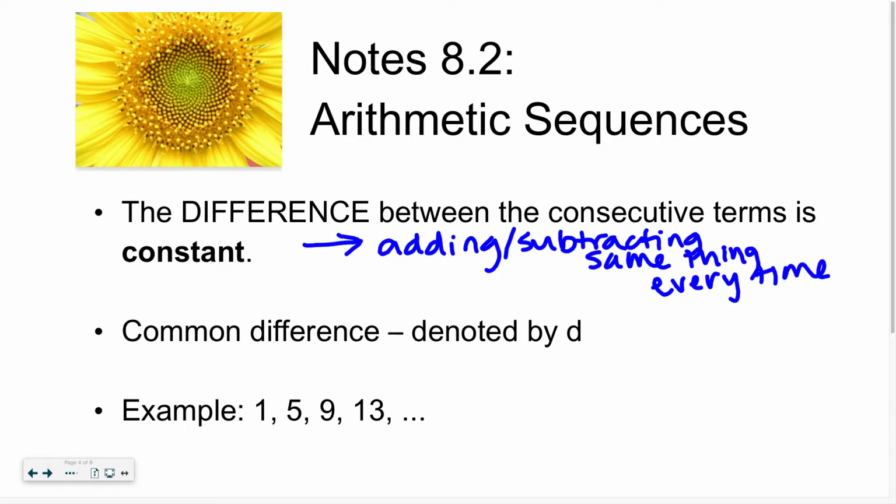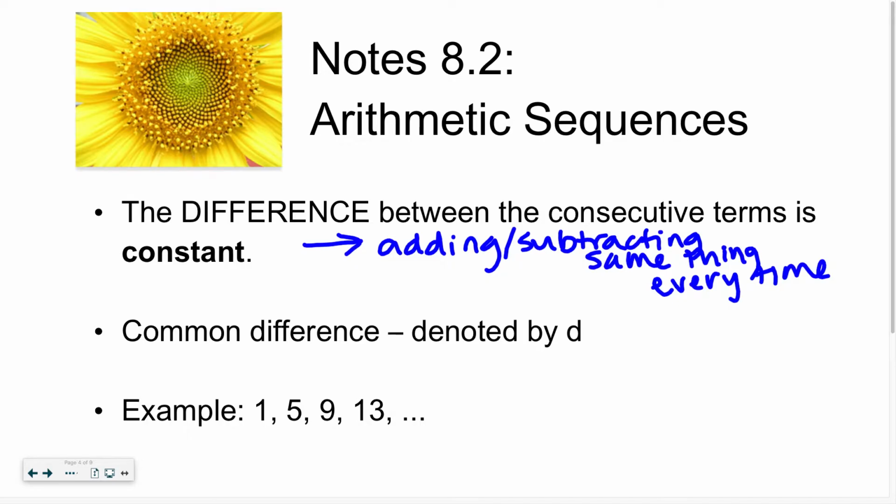You probably saw some of those on the homework last night. We actually saw it in the warm-up. Remember, Morgan told us the numerator was decreasing by 1 each time. The denominator was increasing by 1 each time. So we were adding and subtracting the same thing every time to the numerator and denominator. So that's pretty easy to spot.